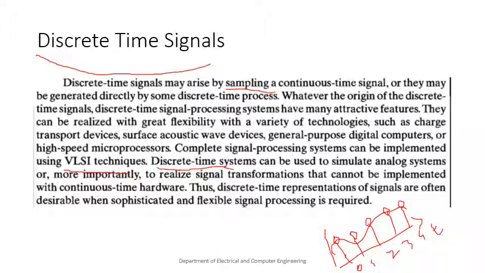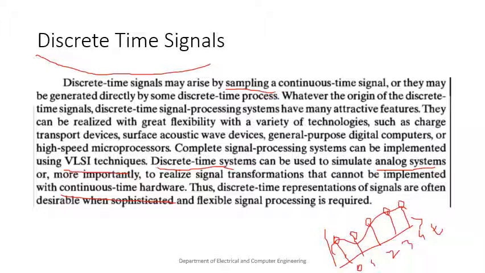The point here is to make you understand that discrete time systems can be used to simulate analog systems, because it is very difficult to make analog systems. We can simulate an analog system using discrete time systems to realize signal transformations, which is very difficult with continuous time hardware.